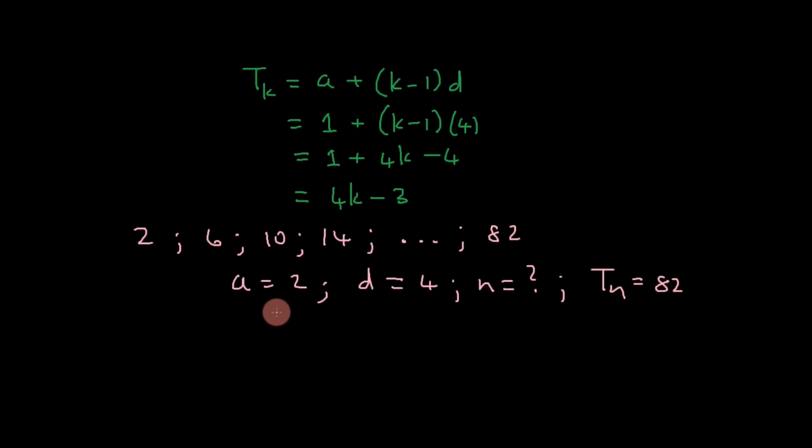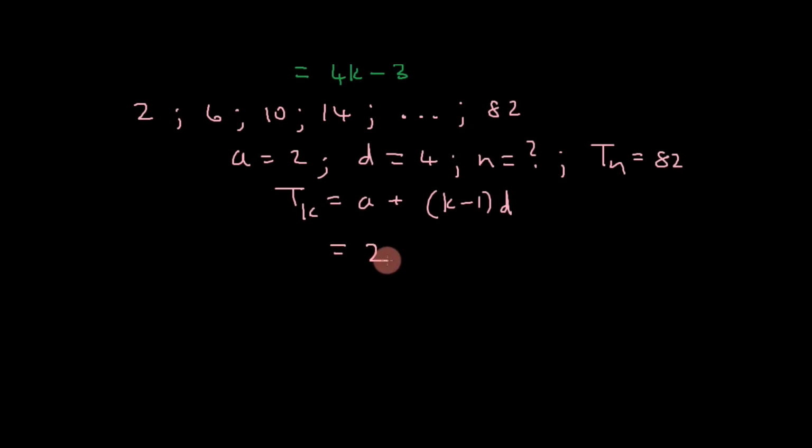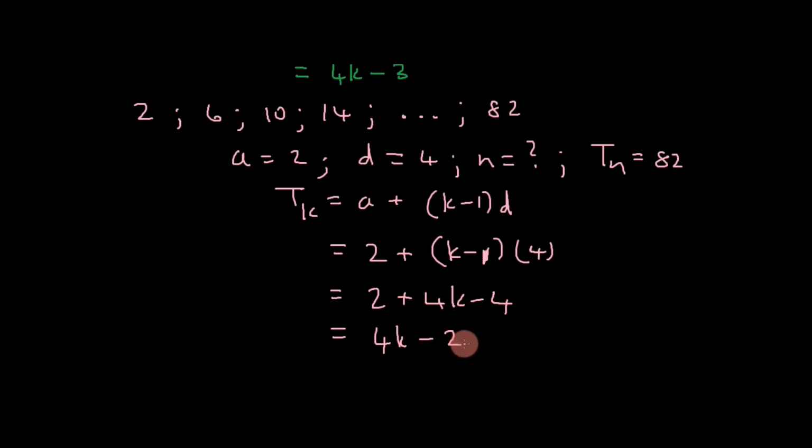Once again, finding the general term, A is 2, and D, of course, is 4. So then, just simplifying this, we see that the general term for the second AP, or second set of factors, is 4k minus 2.